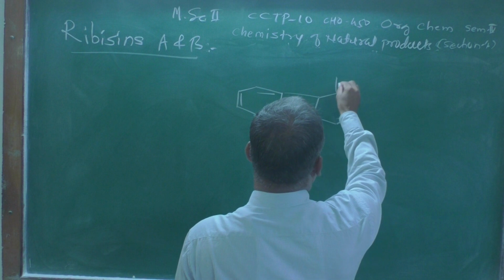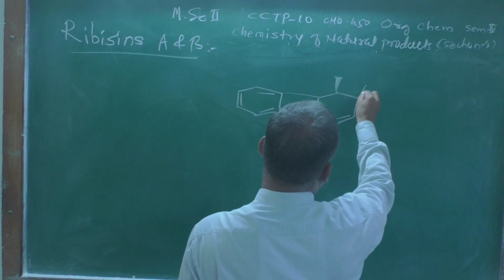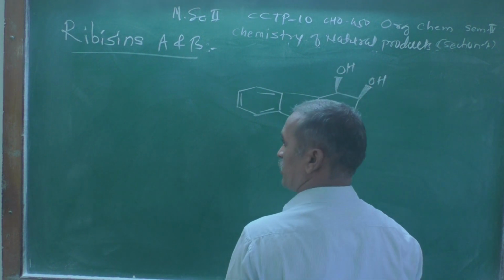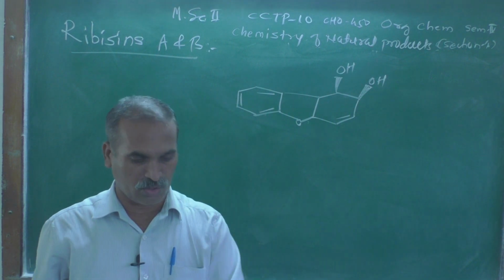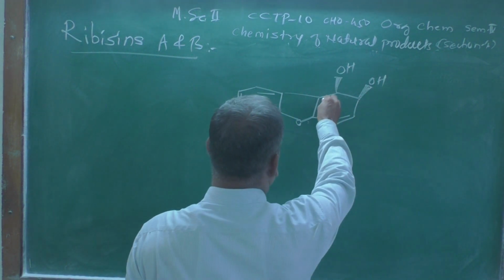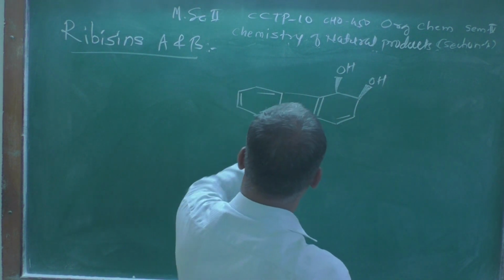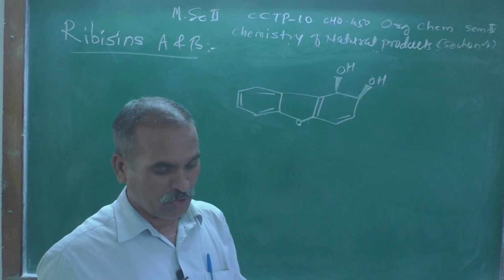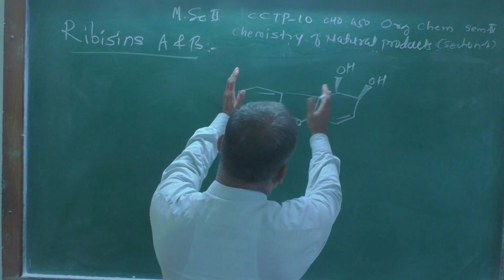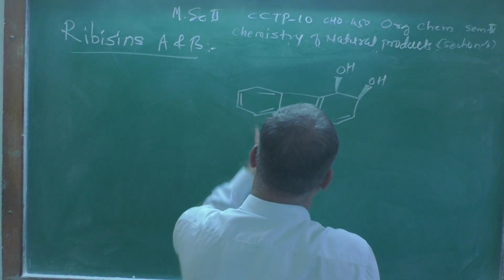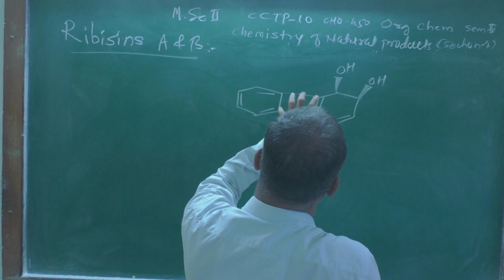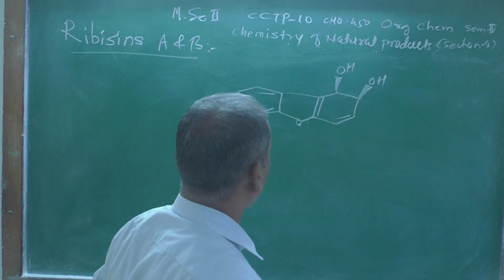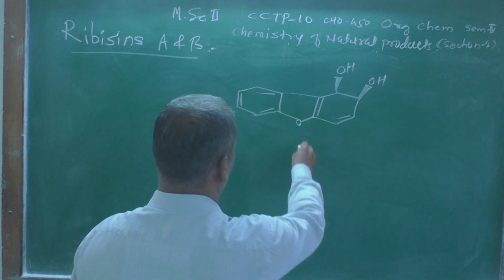Here, see, there are 2 hydroxy groups, vicinal hydroxy groups, that is called a diol, and this is one moiety present in the structure, which is a benzofuran. So this is a benzofuran, with a 5-membered heterocyclic ring present in the middle of the structure. On 2 sides there will be 2 benzene rings fused like this.